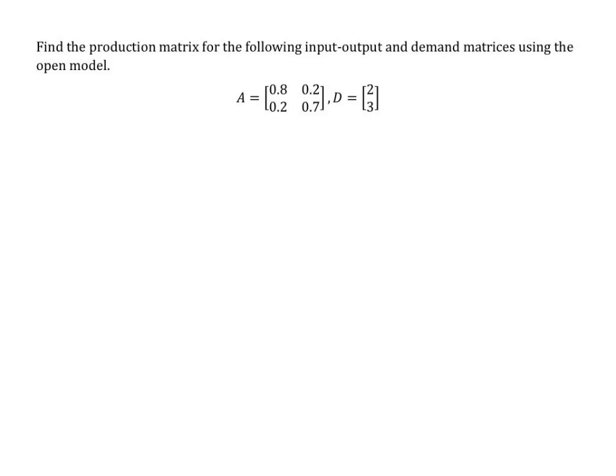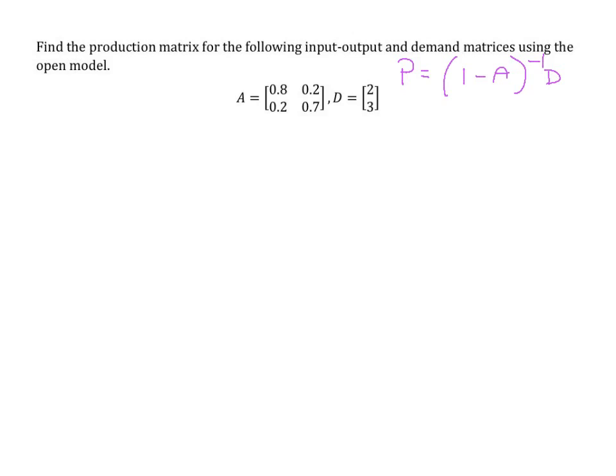Let's find the production matrix of the following input-output and demand matrices using the open model. So, our formula, remember, is the identity matrix minus our A matrix, find the inverse of that, and then multiply it by our demand matrix.